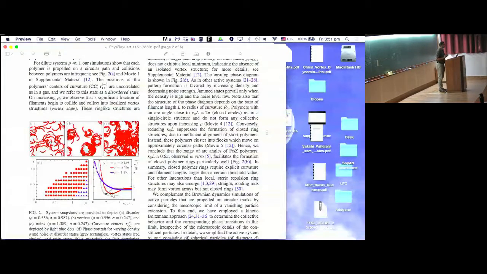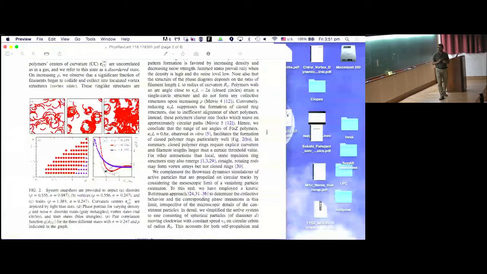Essentially the qualitative part of it matches with what was observed in those experiments. As you increase the average density of monomers on the surface, you see the system going from a disordered liquid-like phase to an ordered phase where a lot of vortices form spontaneously. These vortices don't have similar radii.